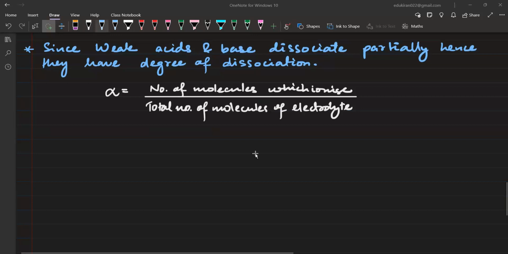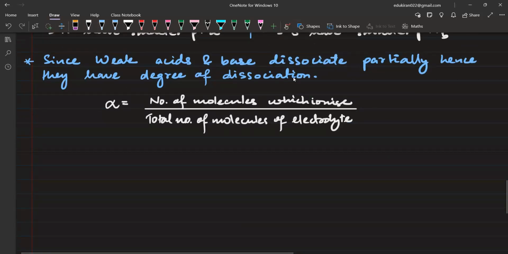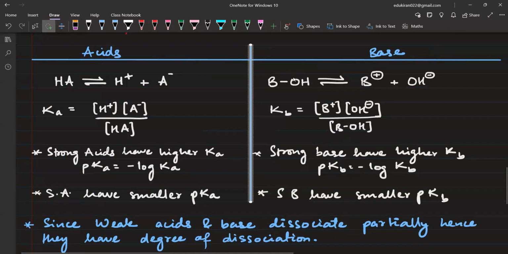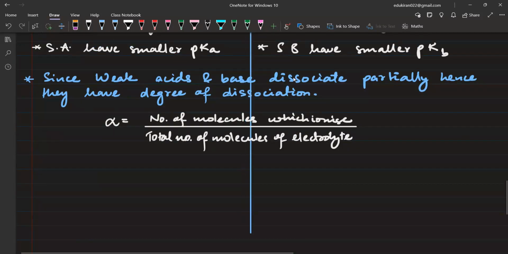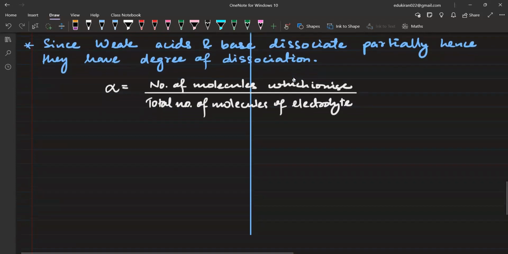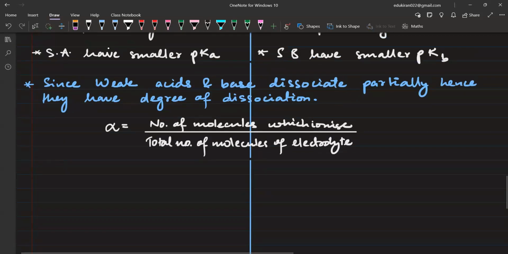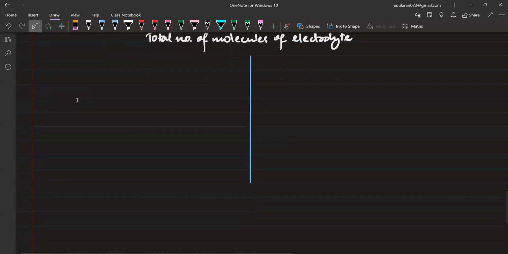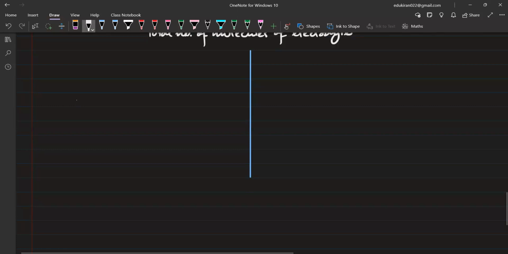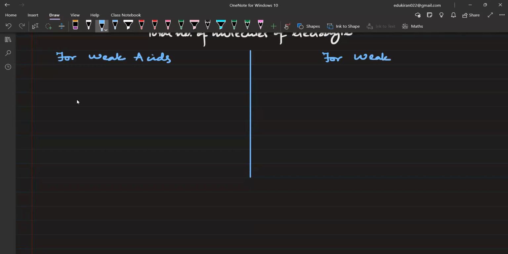So we are just starting to talk about acids and bases once again. ठीक है, फिर से आ गया है एसिड्स एंड बेस। अब ध्यान दीजिए, for weak acids, now what we are talking about for weak acids. अब यहाँ पे किसके लिए बात होगी? For weak base.